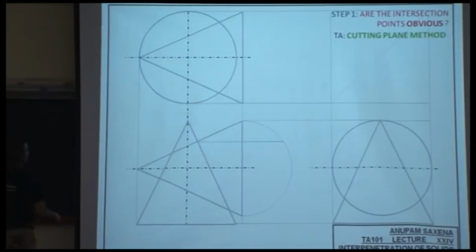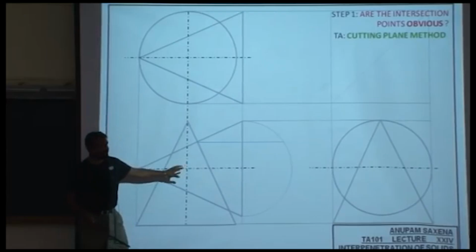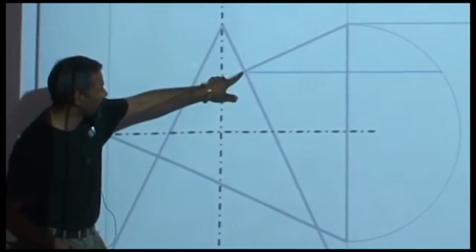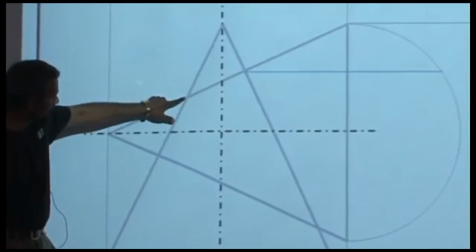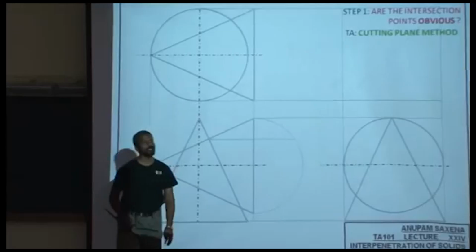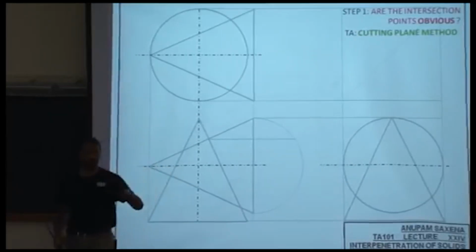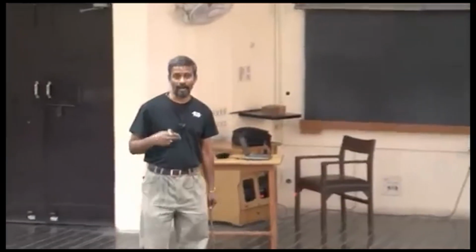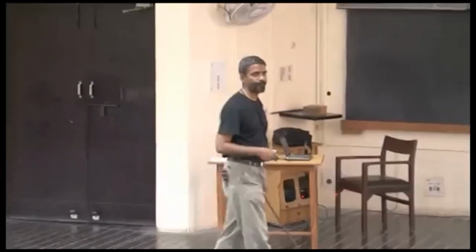Now, what I've done is I have used the information that the intersection is going to be happening over here, here, and here, and correspondingly, I have chosen the respective horizontal planes to slice the assembly. It makes my work a little easier, but I do not guarantee that my solution is going to be accurate.